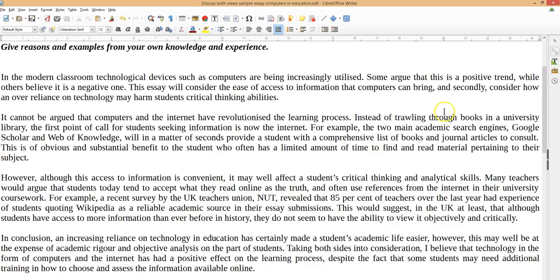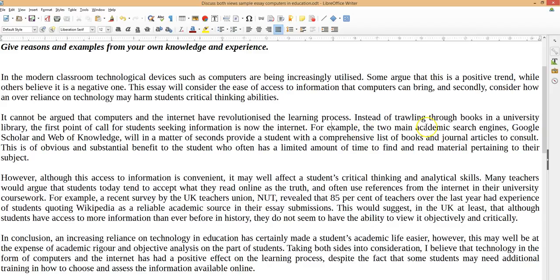Explain it. Instead of trawling through books in a university library, the first port of call for students seeking information is now the internet. So you briefly mention your view, explain it, expand, give an example. Now, actually, this is not a made-up example. It's a real one.